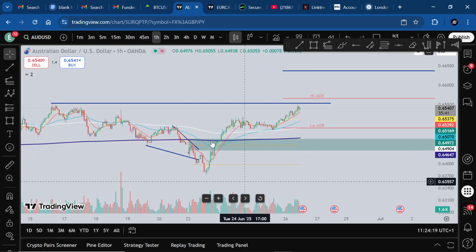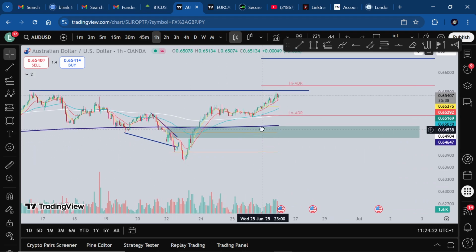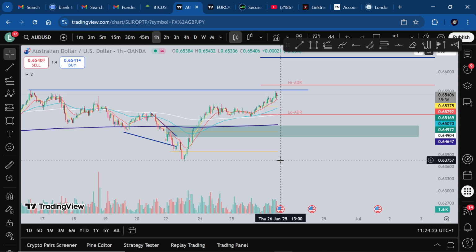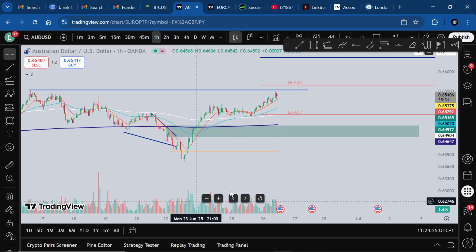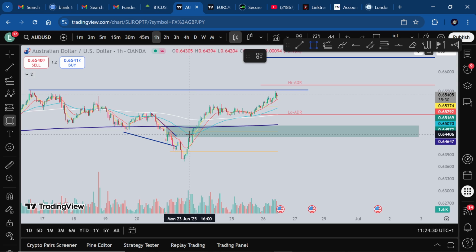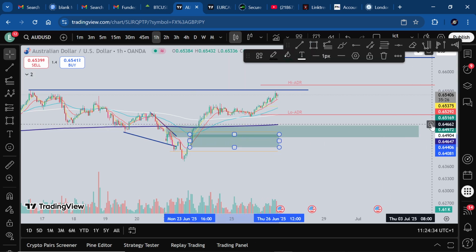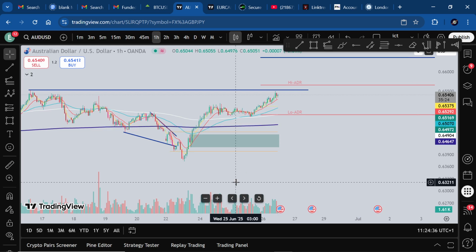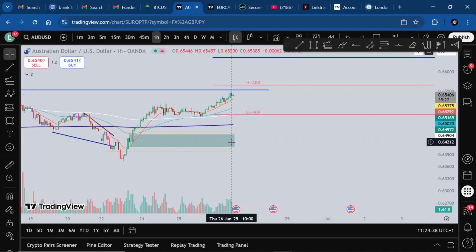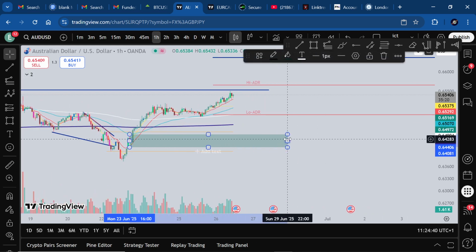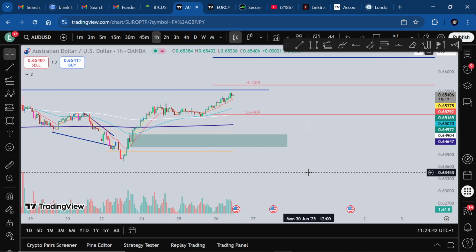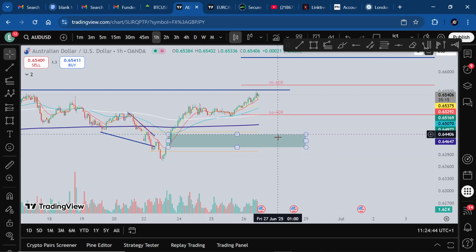Psychological levels are here. This is the real demand and support area for the week. Look, we do have an unmitigated demand zone with imbalance inside of that range. That is way more interesting than that box. Price comes into here, and it can come in here fast.